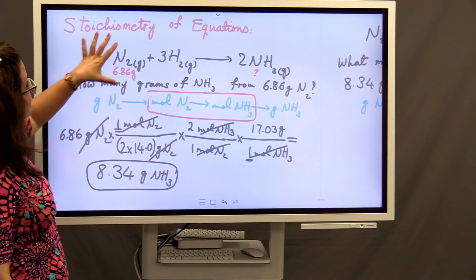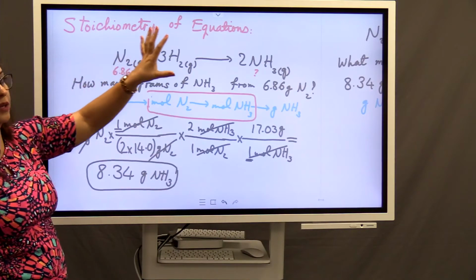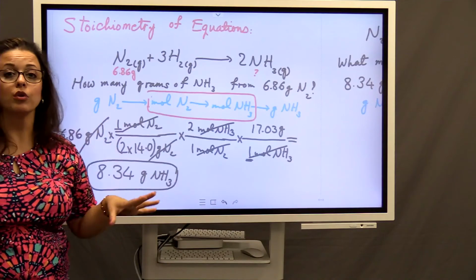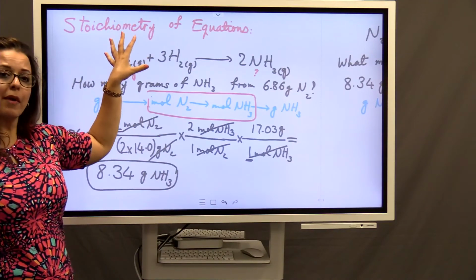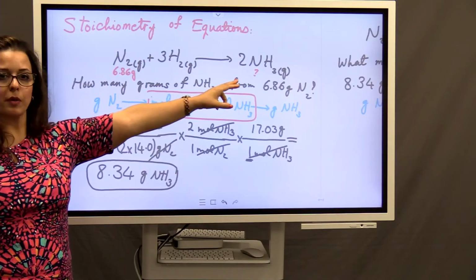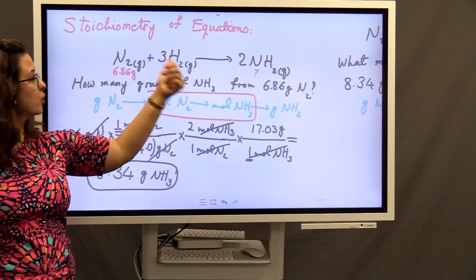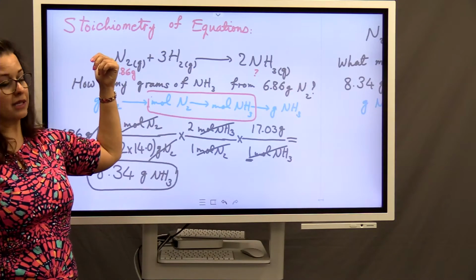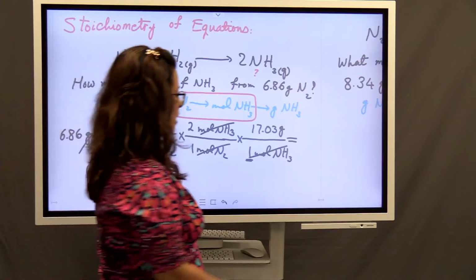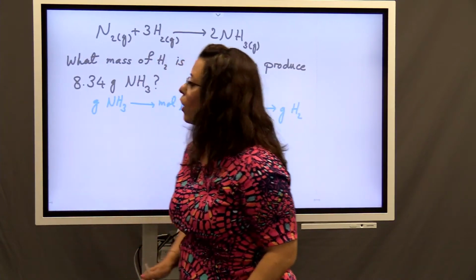Alright, so this example shows you how to go from one side to another side. But I don't want you to think that you are given the mass of reactant first and you will be asked for the mass of product. What if you are given the mass of product, you're going to find out the mass of reactant. I gave you an example here to work on.